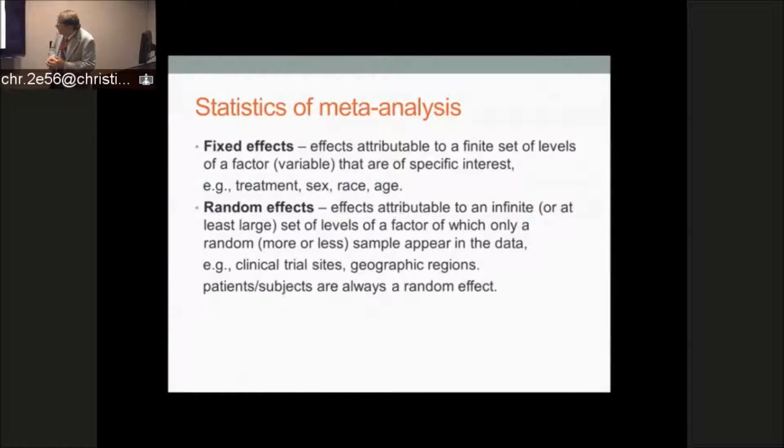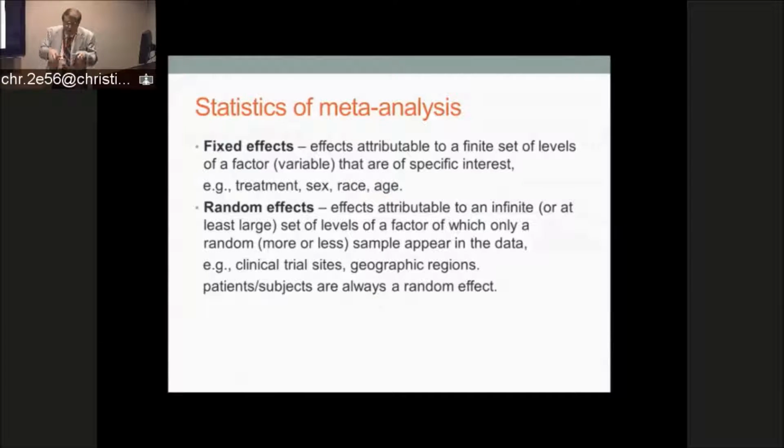On the other hand, in many studies we have random effects. In other words, it's more or less a random selection from the possible universe of levels of a factor. For example, if you have randomized clinical trials and they've enrolled patients from different sites or different healthcare systems, we regard that as a random effect, because obviously you can't include every site, every hospital, in your study.